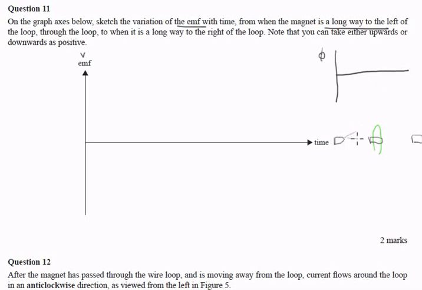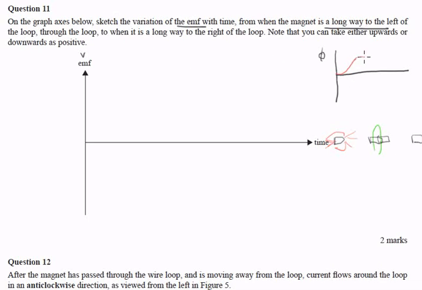I'm not going to draw all the field lines, but as it's far away, the flux through the loop is very small. So as it's very, very far away, the flux slowly increases, and it gets faster and faster, with more increase. As it goes through the middle, the flux is at its maximum, it doesn't change. For the length of this whole magnet, to when the magnet's through the loop, the flux is at its maximum.